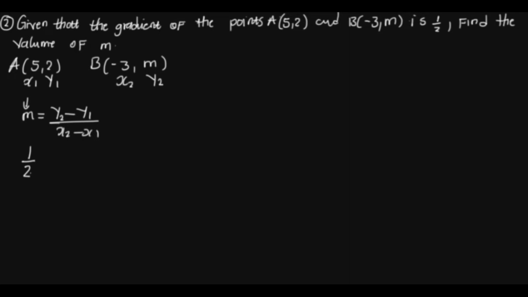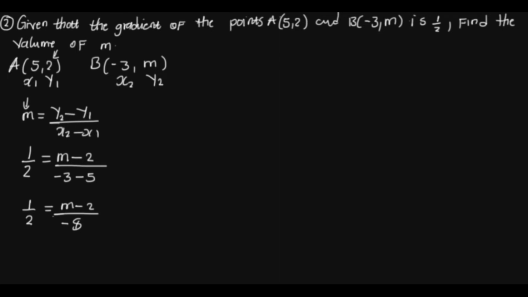So it's half is equal to y2, which is m, minus y1, this is our 2, over x2, which is negative 3, minus x1, which is 5. So we get 1/2 is equal to m minus 2 over, from the denominator, negative 3 minus 5 is negative 8.